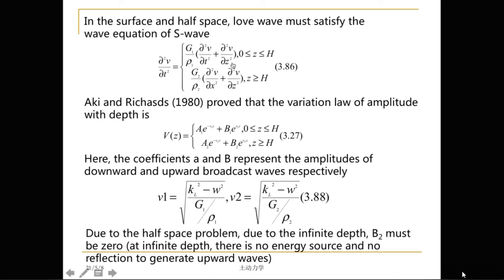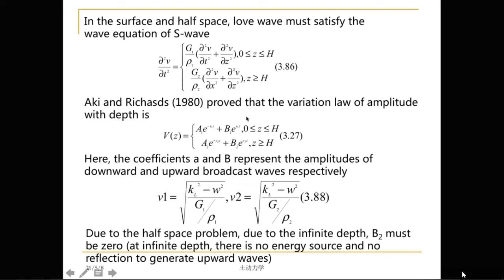Here, these are the equations, 3.86. Aki and Richards in 1980 proved that the variation law of amplitude with depth is given in this equation. V(z) is given in this equation.